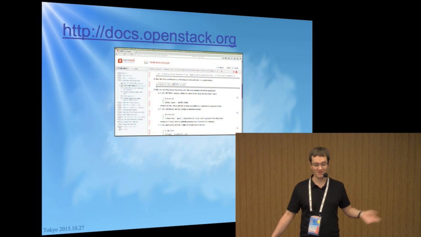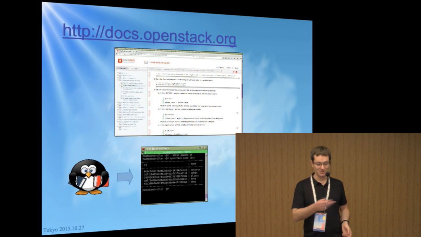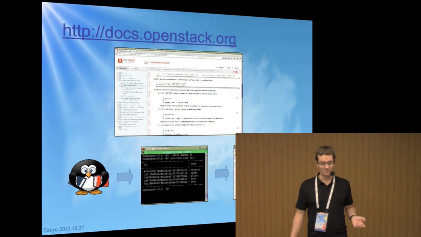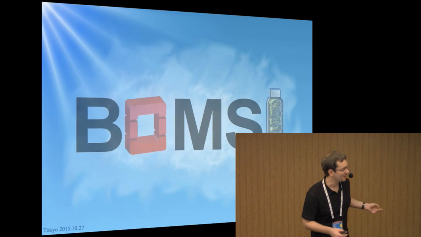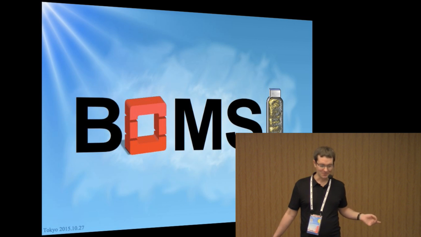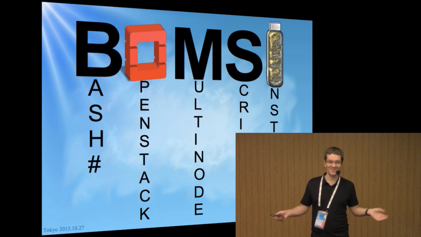After doing some reading and trying the commands by hand, I got concerned about reproducibility, so I started to automate the tasks with scripts. And these scripts at some point became what I decided to name BOMSI, the Bash OpenStack Multinode Scripted Installer. Does make sense, right?